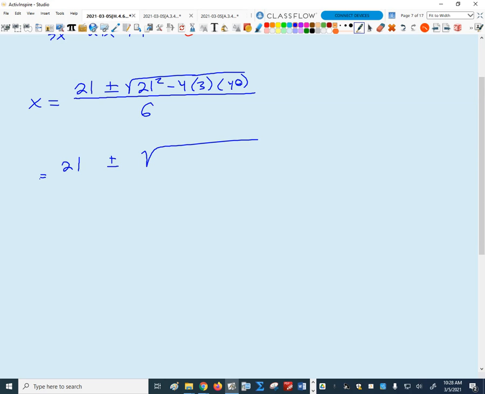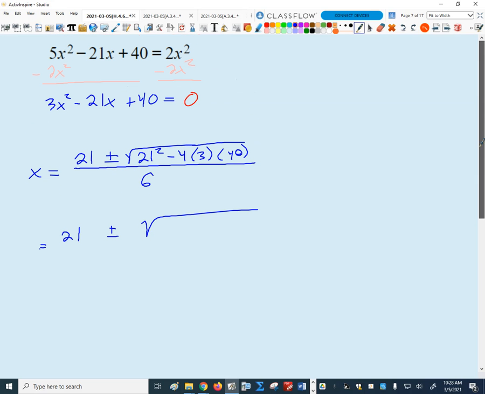How do you get the 3? Did I mess that up? Oh, you're right. It's supposed to be a. Oh, no, that's right. 4AC, right? So A is 3, C is 40. So I get B squared minus 4 times A times C.